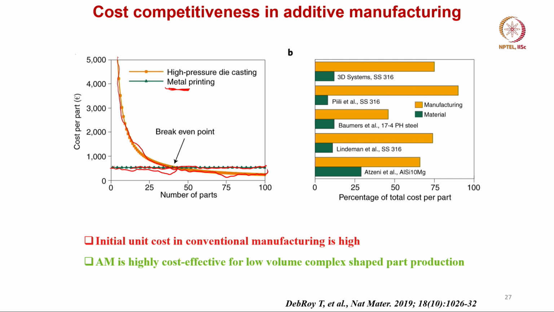High pressure die casting has been used as a conventional manufacturing tool for years in industries in a very successful manner. Now, if you look at this number of parts, there is a break even point here. For a small number of parts, additive manufacturing or metal 3D printing, the cost per part is lower than high pressure die casting.